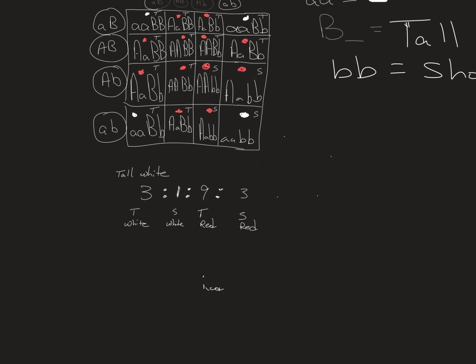Now the easiest way for me to say it is, instead of 3 to 1 to 9 to 3, let's say 9 tall red to 3 tall white to 3 short red to 1 short white.